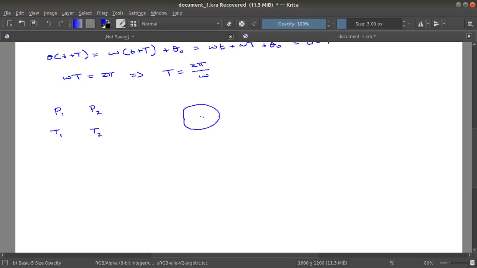T2 is greater than T1, which means this guy is taking a very long time to complete the circle compared to the other, so he is slow.